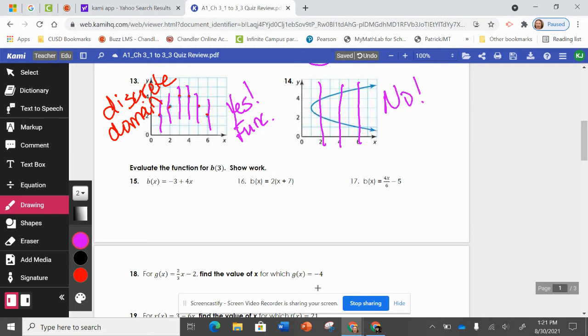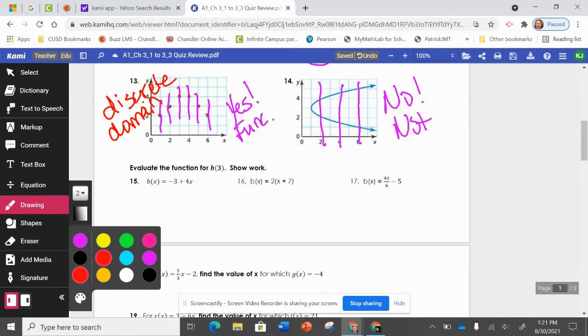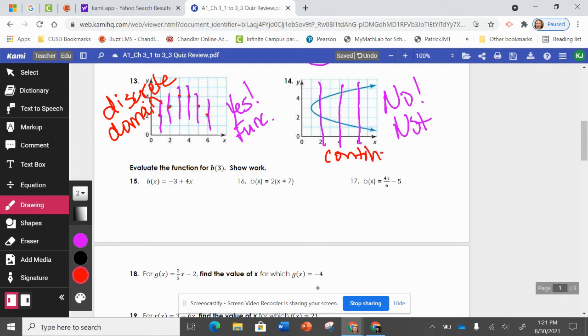So no, this is not a function. And as a side note for this, because we have a graphed line, this is a continuous domain. The dots are all connected. They're not just single dots.